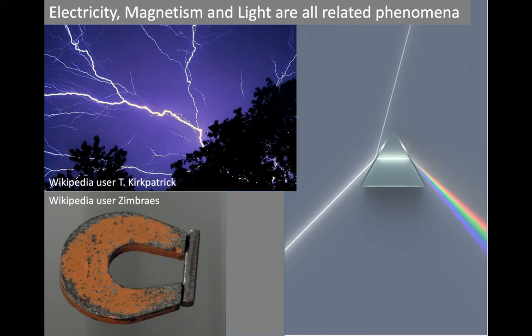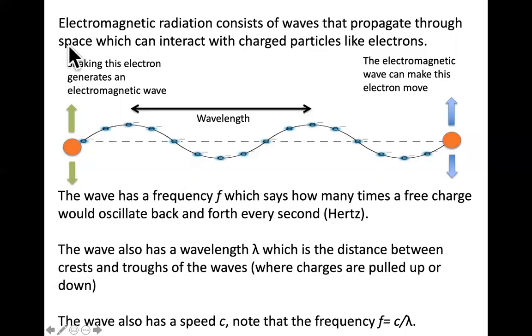If you take a charged particle, something like an electron or a proton, a subatomic particle, and shake it back and forth, shake it up and down, and you have another charged particle some distance away, that charged particle will start to oscillate up and down.